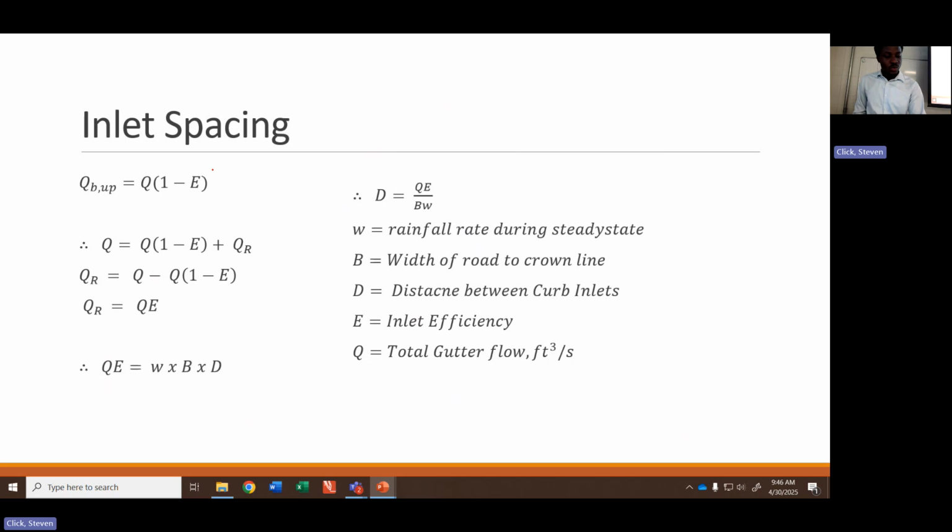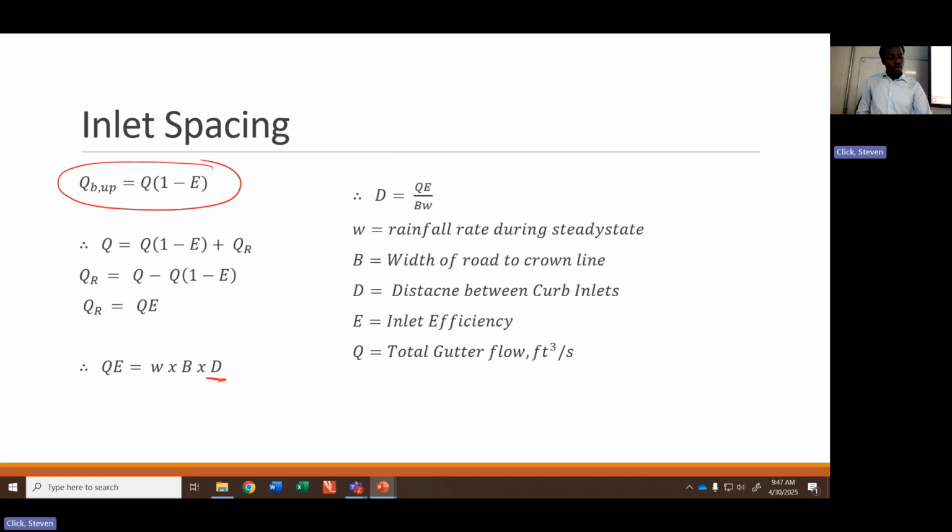Earlier on, we had a calculation that used the flow and the efficiency to calculate the bypass rates from the previous slides. So basically, it's just trying to find an expression to calculate your D here. The expression is worked out here.